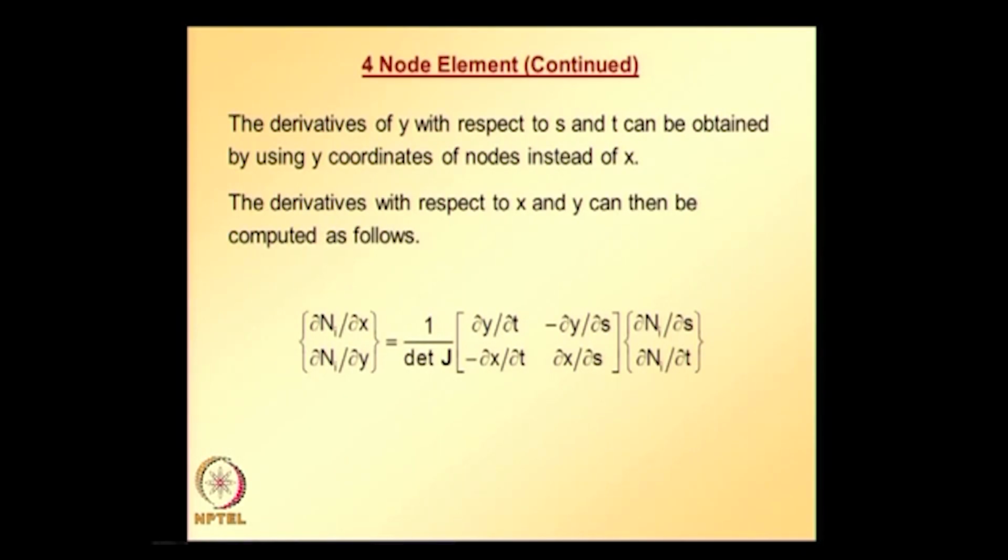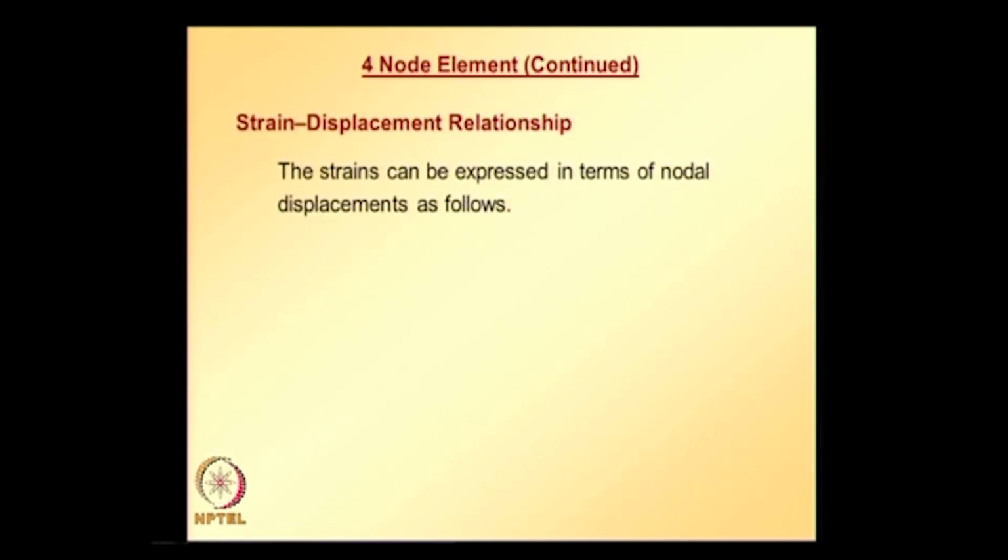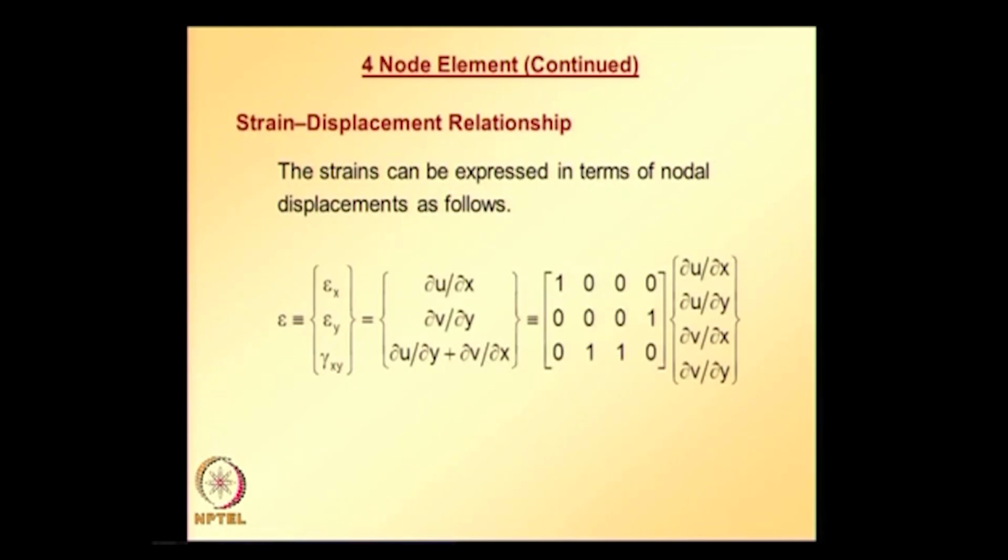So, once we have all this information we can easily write the strain displacement relationship. Strains can be expressed in terms of nodal displacements. You are familiar with this definition of strain.